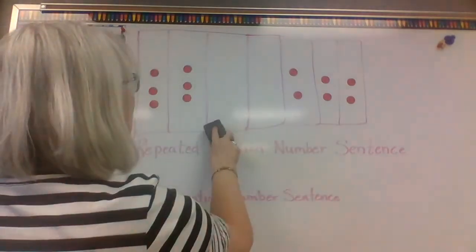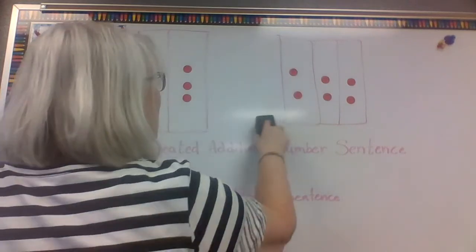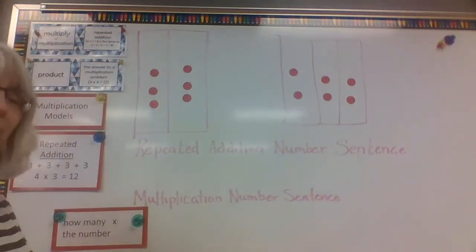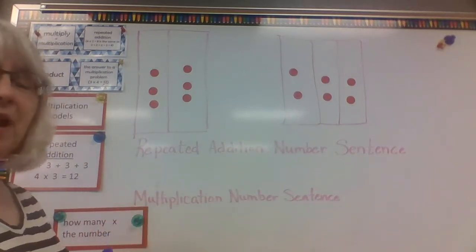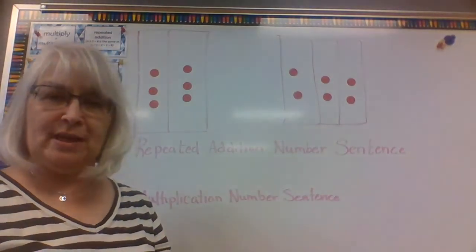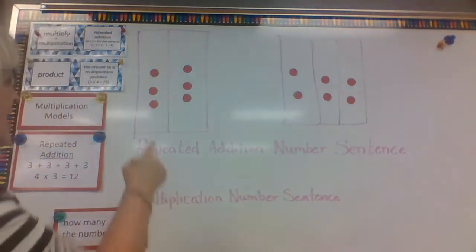Okay. I want to show you the difference between whenever we switch numbers around. Whenever we switch numbers around, just like we do with addition, the commutative property, you still get the same answer, the same product, but it means something different, okay?